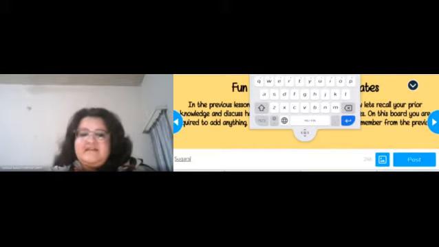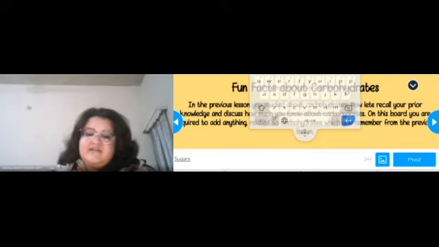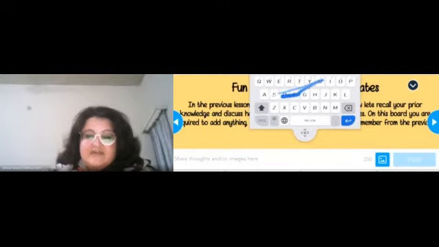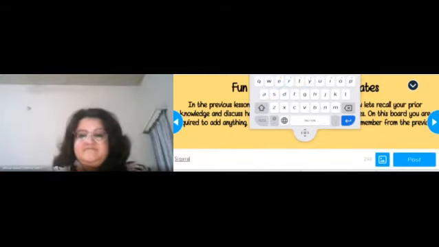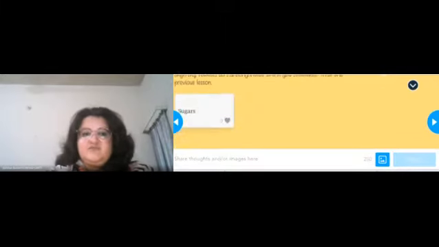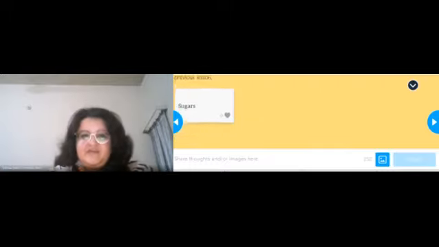For example, you will add your answers here in this comment section, and then you will post, like I told you in the previous class. For example, carbohydrates are sugars. This is my very first post. When you post it, a sticky note is going to appear right over here. I can like this sticky note as well. When I read it, I'll like it.